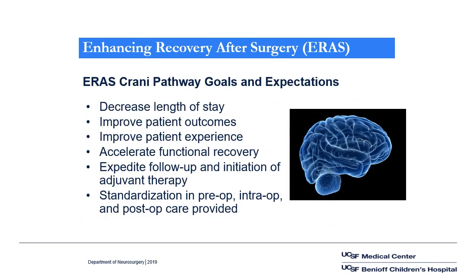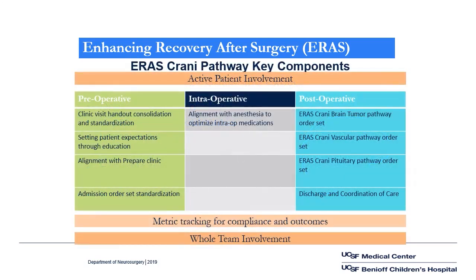UCSF has implemented an enhanced recovery after surgery pathway for craniotomy patients. This pathway has been shown to decrease length of stay, improve patient outcomes, improve patient experience while accelerating functional recovery, expediting follow-up, and standardizing care in the preoperative, intraoperative, and postoperative periods. Our enhanced recovery after surgery pathway includes preoperative, intraoperative, and postoperative levels of intervention.